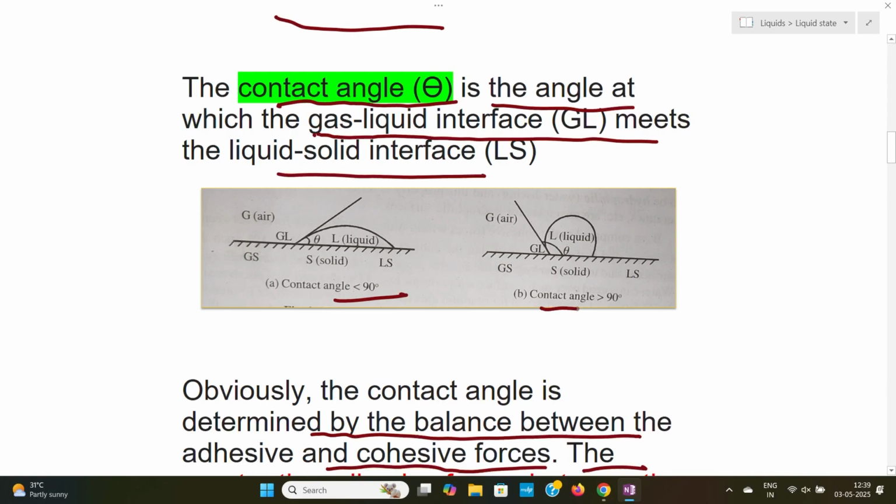The liquid will try to minimize the surface area on the solid surface. Therefore, it will exist as a drop, and the contact angle will be greater than 90 degrees.